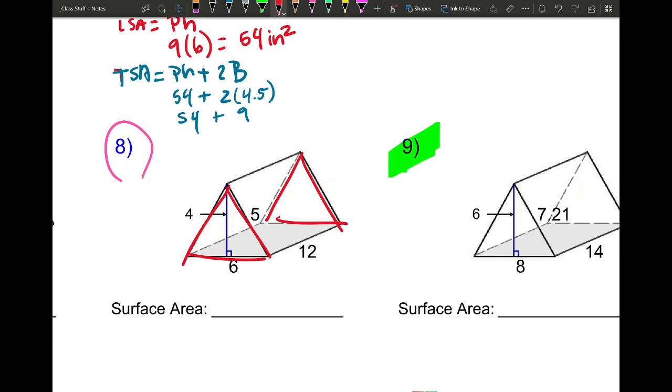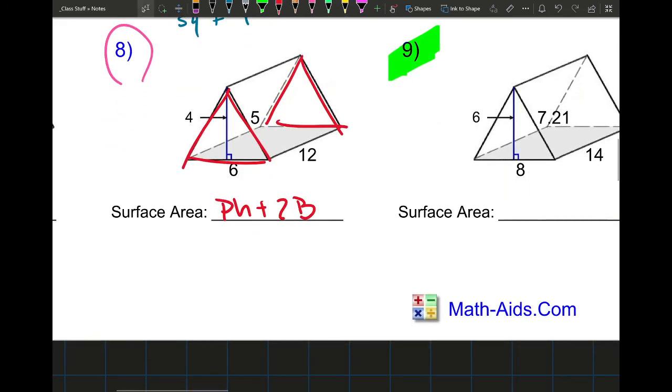Okay? So total surface area is PH plus 2B. We're gonna draw the base on the side and find the perimeter and the area. So right here, this is 6, this is 5, and they have a line right here.